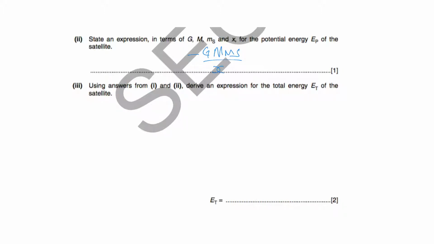So remember your GPE is negative GMms over x, and the KE was simply GMms over 2x. Therefore what you will get is negative GMms over 2x. That's the formula for your total energy.